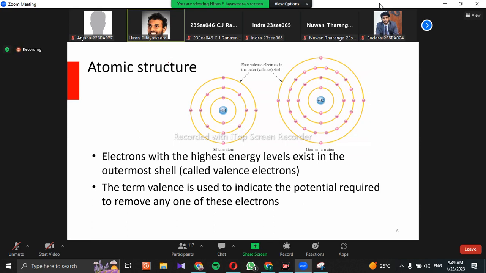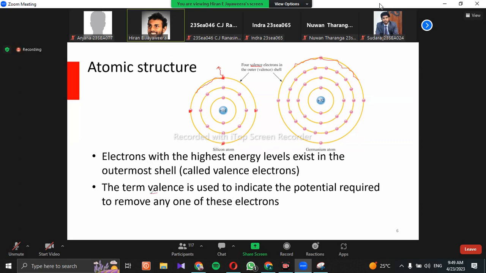Now this outermost shell, in this case and in this case, we call it the valence shell. The electrons in the outermost shell, we call them valence electrons. Get familiarized with these terms. Also, the energy which is required to remove an electron from the valence shell to make it a free electron is also called a valence.